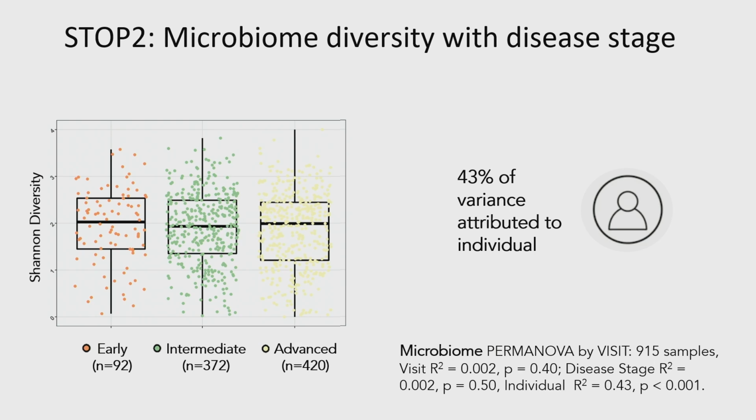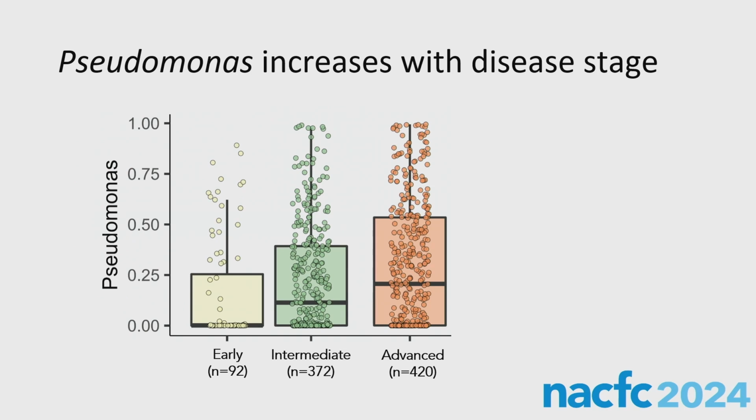We do see big increases in Pseudomonas with disease stage, which is very consistent with other smaller studies over the last decade. This also gives you a sense of the composition of the cohort: early, intermediate, and advanced samples are represented, but biased towards intermediate and advanced.